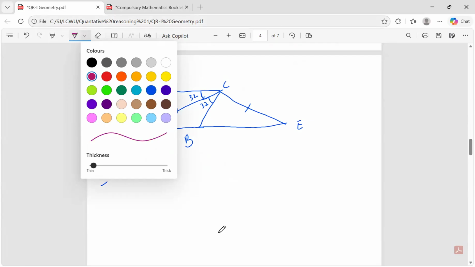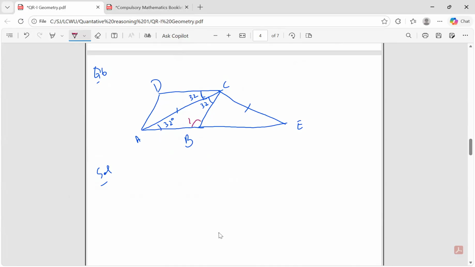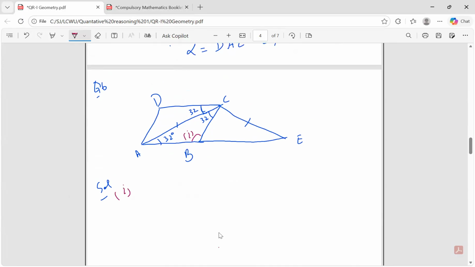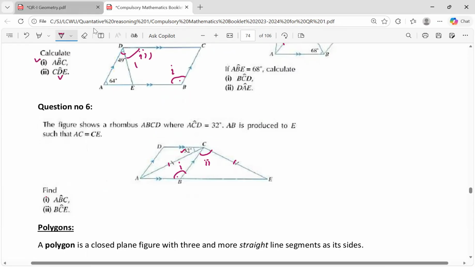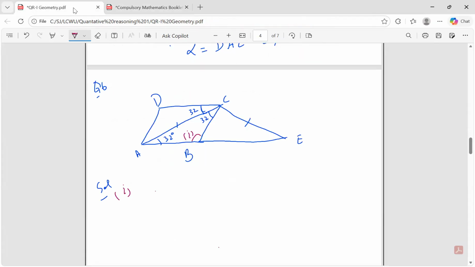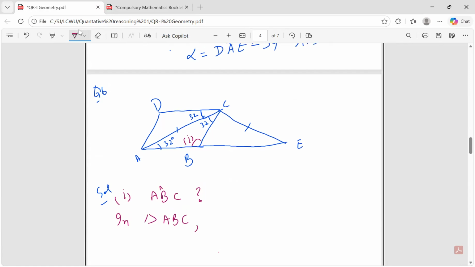We need to compute this angle in the first case. So in the first case, you have to find angle ABC and BCE. Angle ABC, we need to find this angle. So in triangle ABC, the sum of three angles is equal to 180 degrees: 32 degrees plus 32 degrees plus angle ABC.